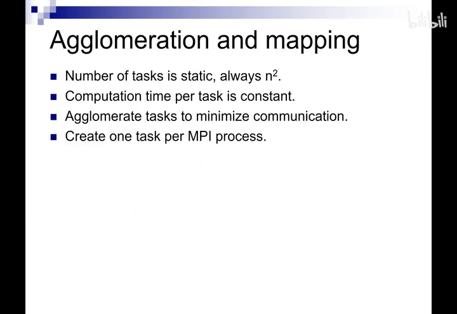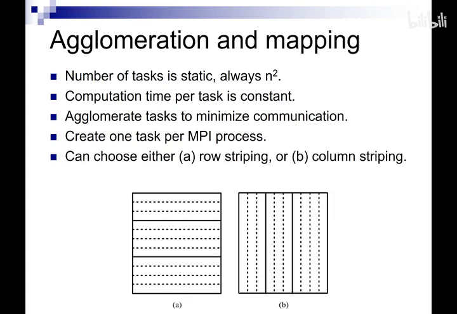Now we're going to try to agglomerate these tasks and combine them to minimize communication. After doing that, we're going to run this in MPI, and we're going to have one MPI process per super task that we agglomerate.